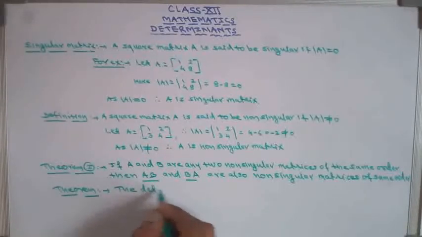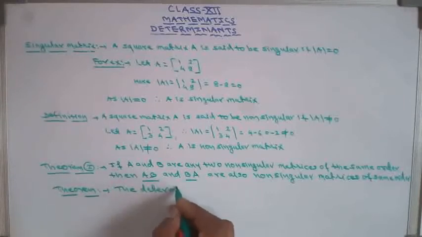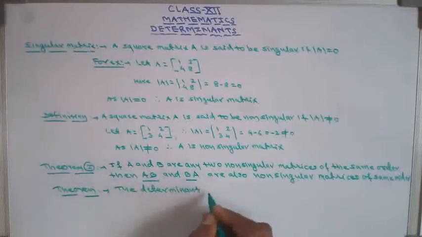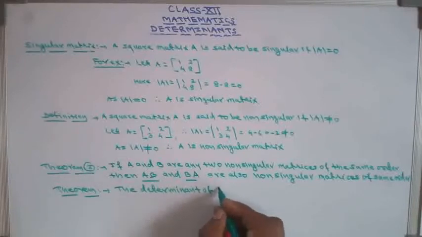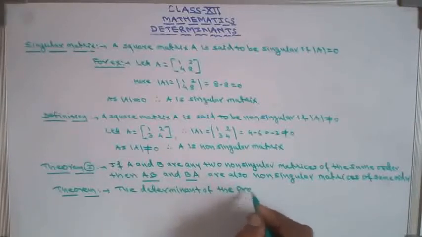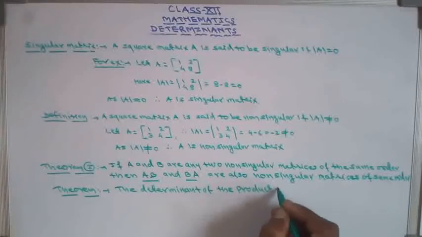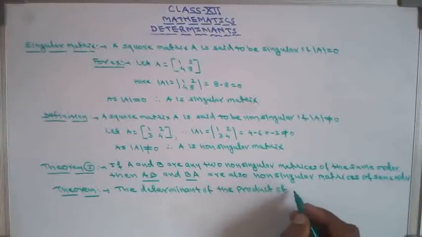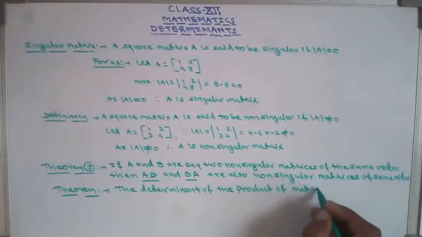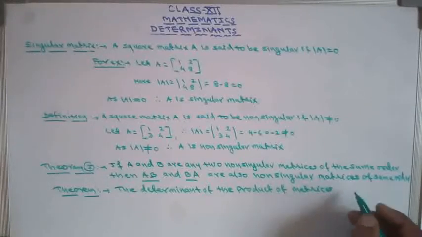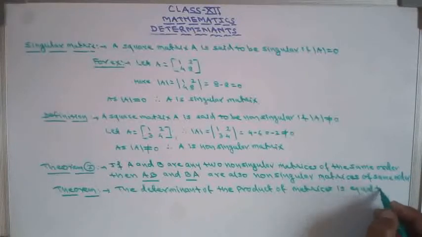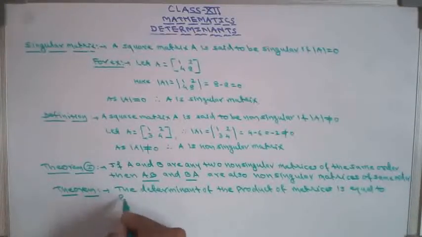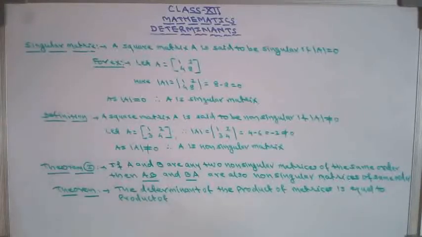The determinant of the product of matrices is equal to the product of their respective determinants.